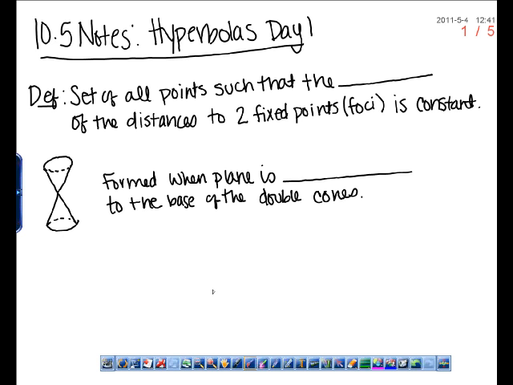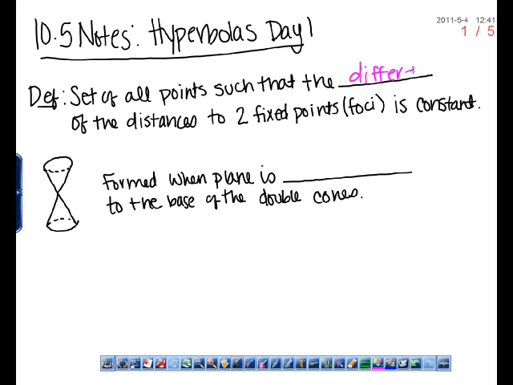In a hyperbola, our definition is the set of all points such that the differences of the distances to two fixed points is constant. The differences is what accounts for that minus sign in a hyperbola formula.